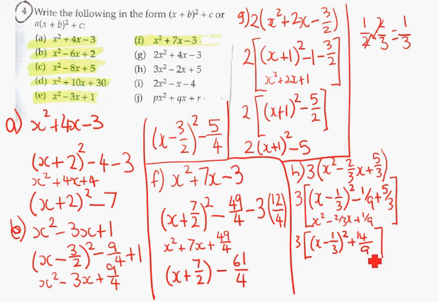Of course we're doing it in ninths, you can check that for yourself. And now expanding back into the brackets, we'll end up with 3 times x minus a third squared, and timesing by that, the 3 will cancel with the 9, leaving me with 14 over 3 this time. You can try some more of those.